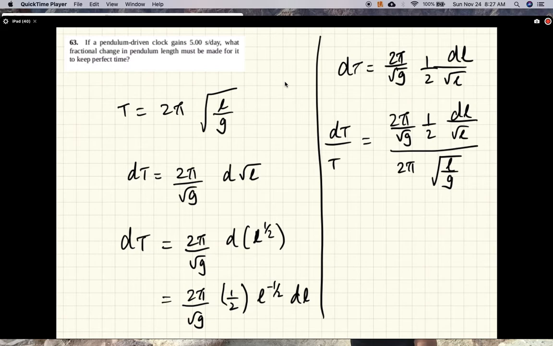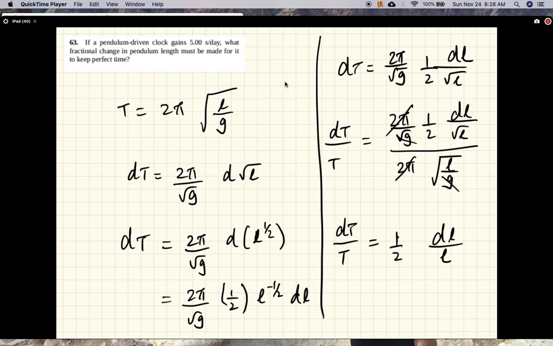Now let's cancel all terms. This cancels with that, and the square root of L comes down here and that becomes an L. So what we have is dT by T equal to 1 half dL by L.